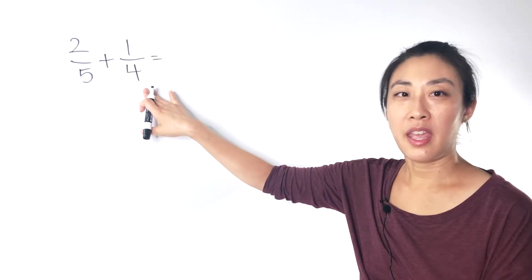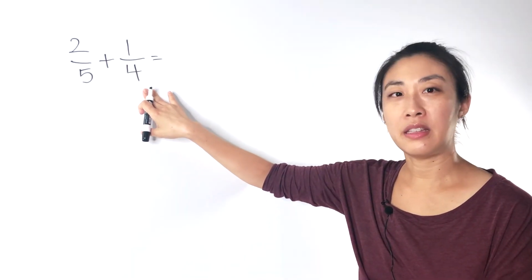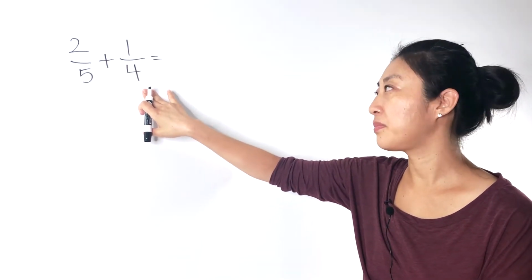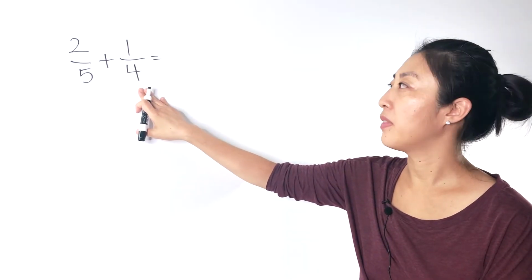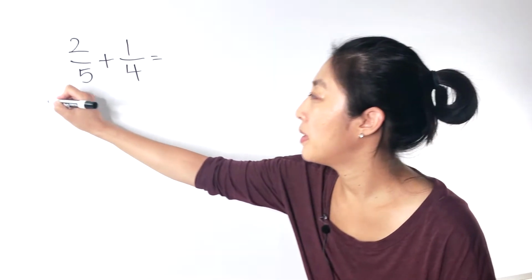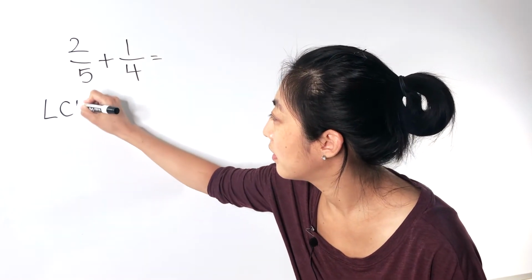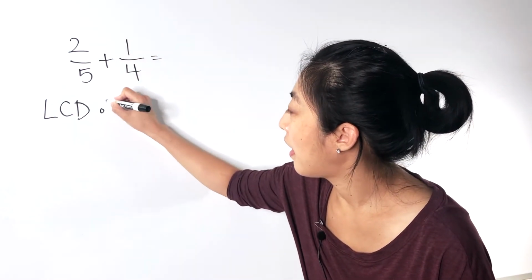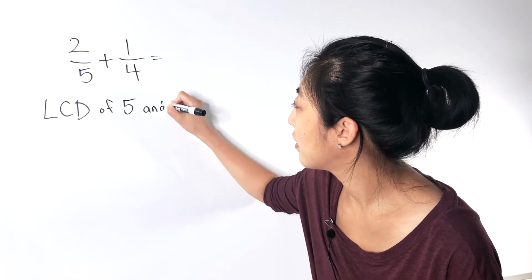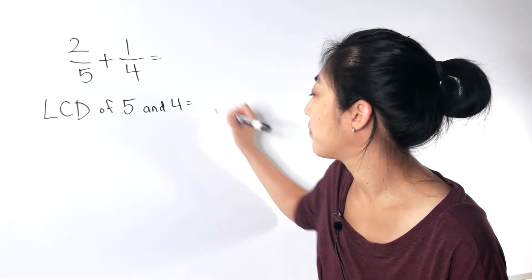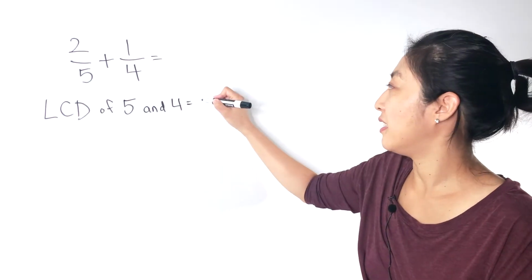In this case, what we need to do is find the least common denominator for both of these fractions to make it the same. The least common denominator of 5 and 4 is 20.